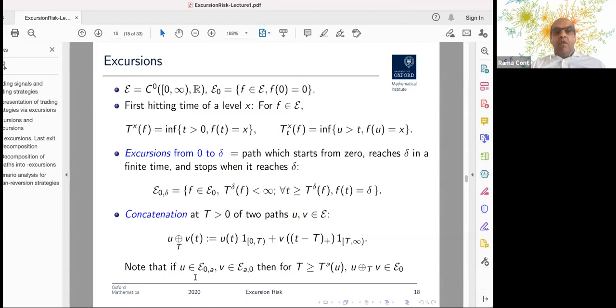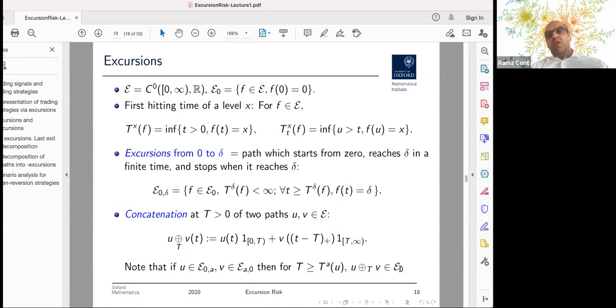And so now if you follow these notations, it means that if I take u, which is an excursion from 0 to a, and v, which is an excursion from a to 0, and I paste them together at some time after which u has reached the level a, then the concatenated path is again a path which is in E0.